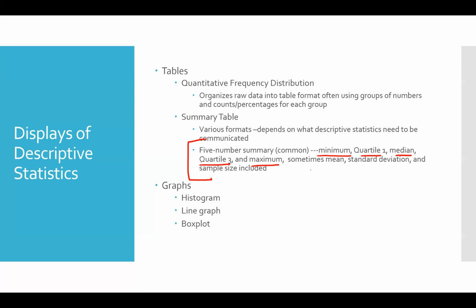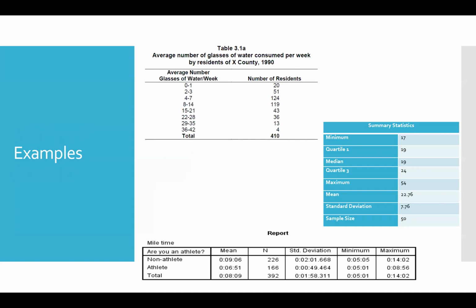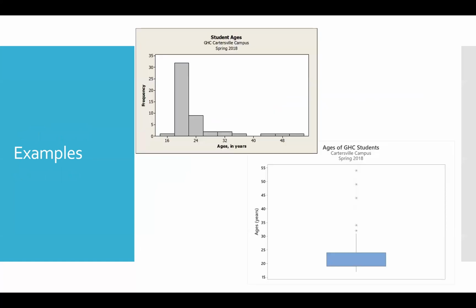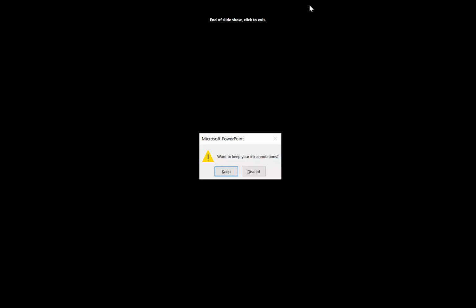You want to include the mean and the standard deviation, because those are the most important, and then your sample size, because we need the mean, the standard deviation, and the sample size to calculate other things. So along with the 5-number summary, you'll give the mean, the standard deviation, and the sample size. How you display them, whether you write it in sentence form or create a table, is totally up to you. But Minitab is going to do the work. Then I give you some examples of how you can display them and examples of graphs.